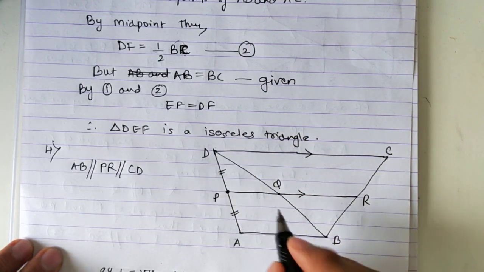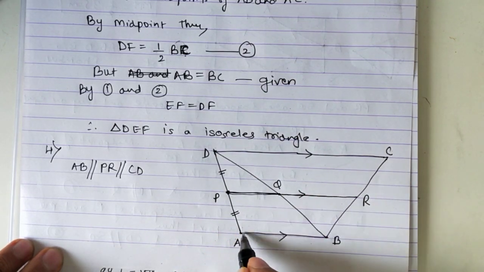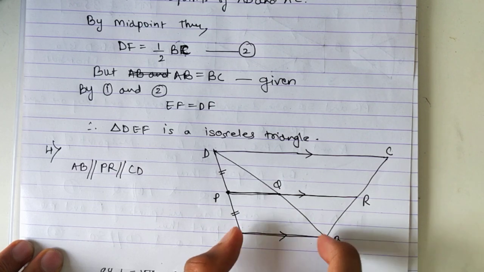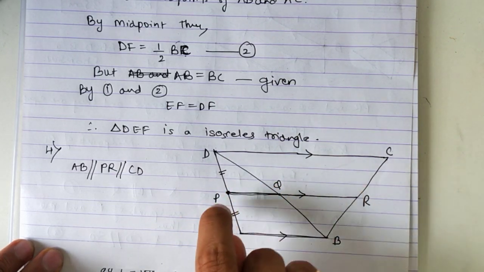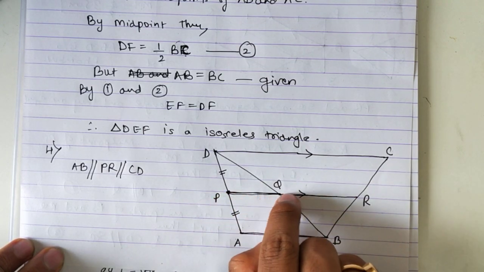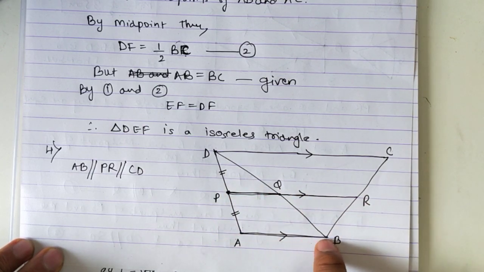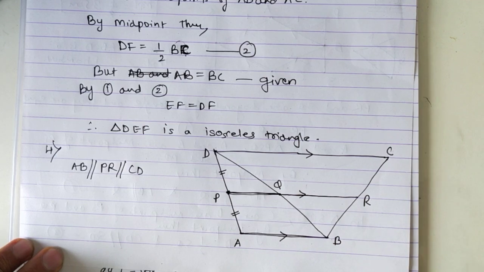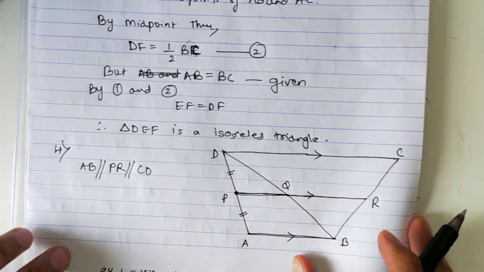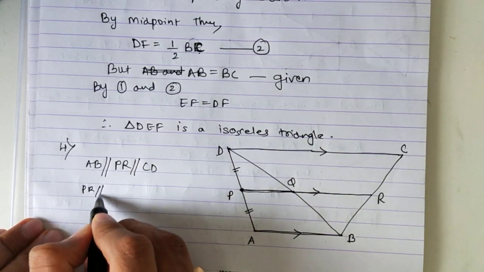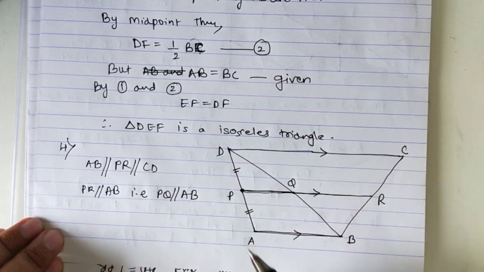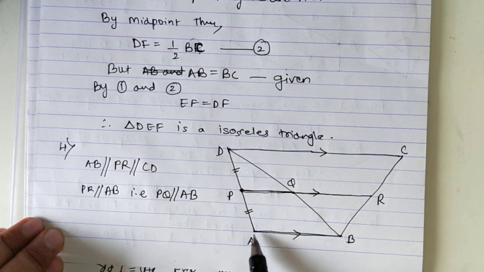In this triangle DAB, you see this line and this line are parallel to each other. See, this PR is parallel to AB, which means you can say PQ is also parallel to AB. See, what is PR? It is an extension of PQ. Correct. This PR line is PQ extended further. So if the whole PR is parallel to AB, then this half PQ is also parallel to AB. Okay, because parallel lines are straight. So this whole is parallel, which means PQ is also parallel to AB. Just write it like this. See, PR is parallel to AB, that is PQ is also parallel to AB. If PR is parallel to AB then PQ is also parallel to AB.